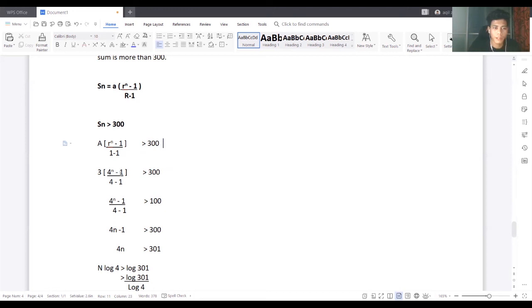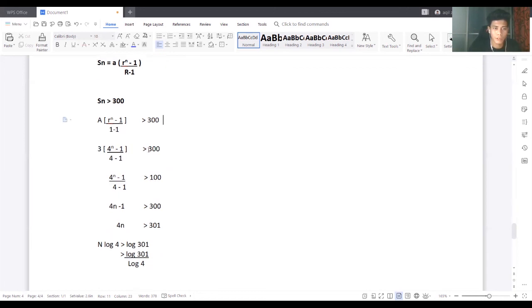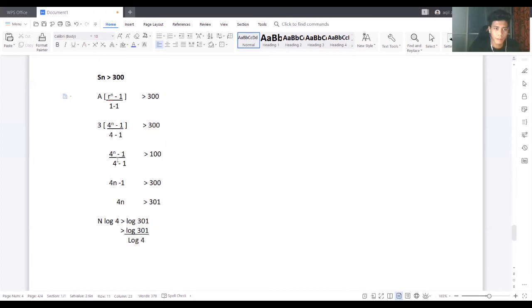Let me just apply the information given: 3 times (4^n - 1), divided by 4 - 1. And then we just need to type the 300 beside this, and then (4^n - 1) divided by 4 - 1.